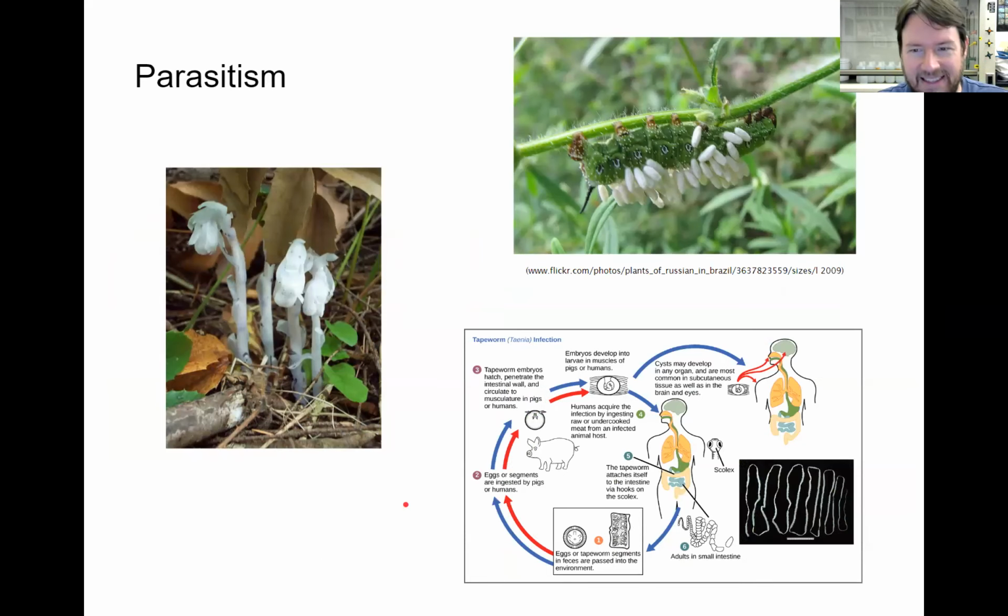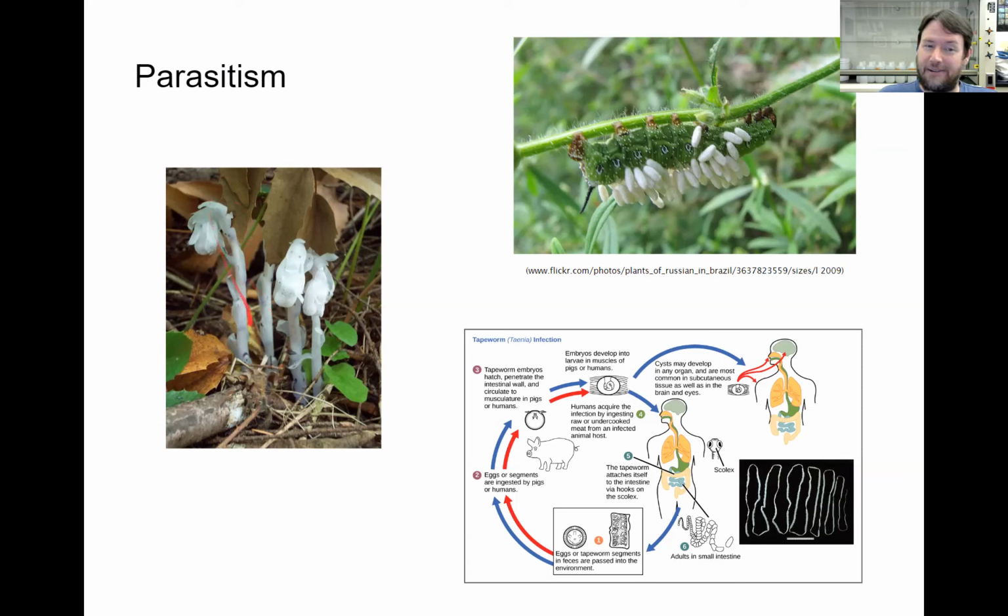Okay. So the next interaction is also a symbiosis, but this is one where one species benefits at the expense of another. I think I might have mentioned in the photosynthesis lecture, this plant called ghost pipe. It is a parasitic plant that saps nutrients from the roots of trees.